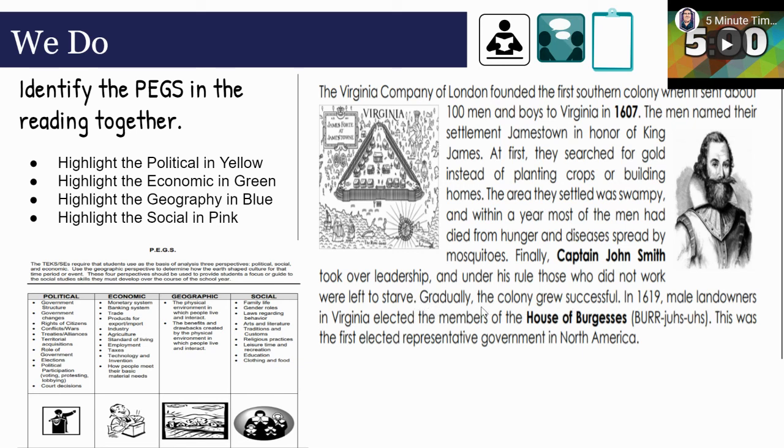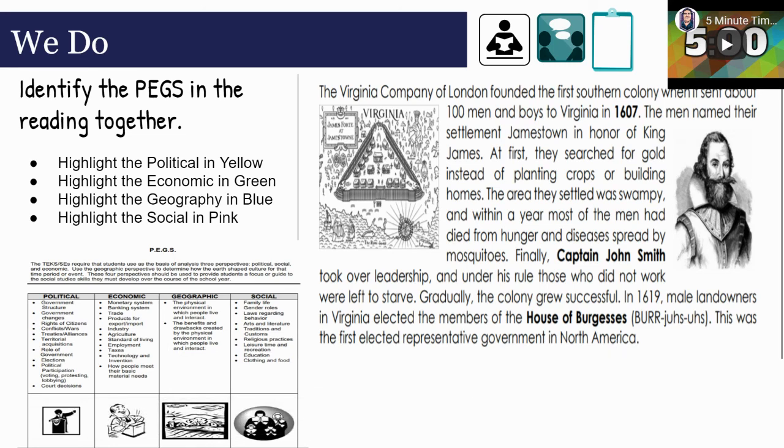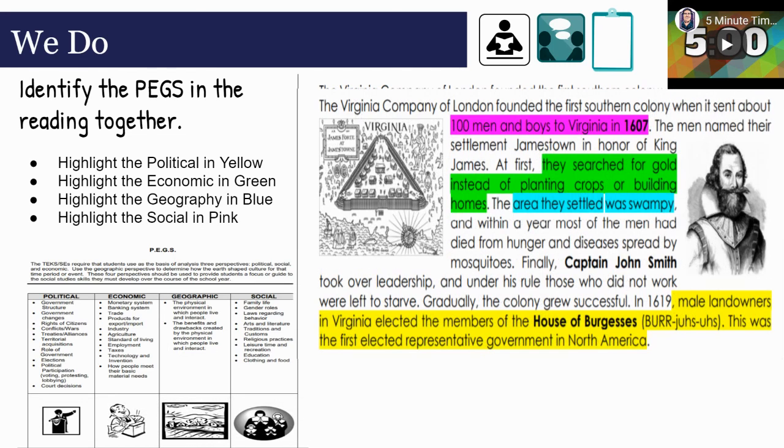But then we know for certain that male landowners in Virginia elected the members of the House of Burgesses, as the first elected representative government in North America. We definitely know that this is what? Political. Very good.